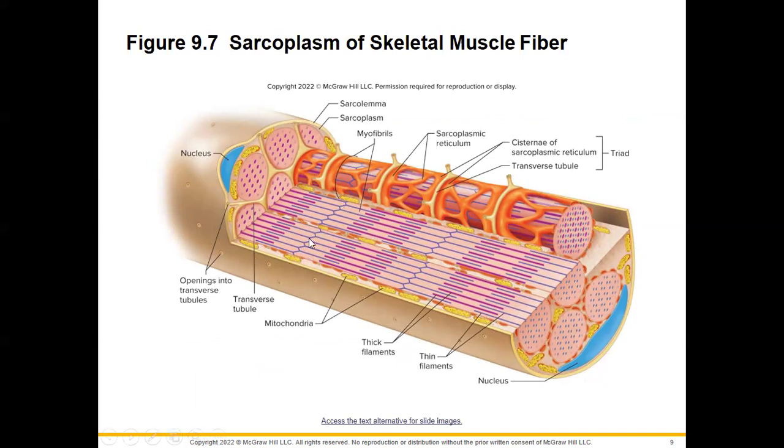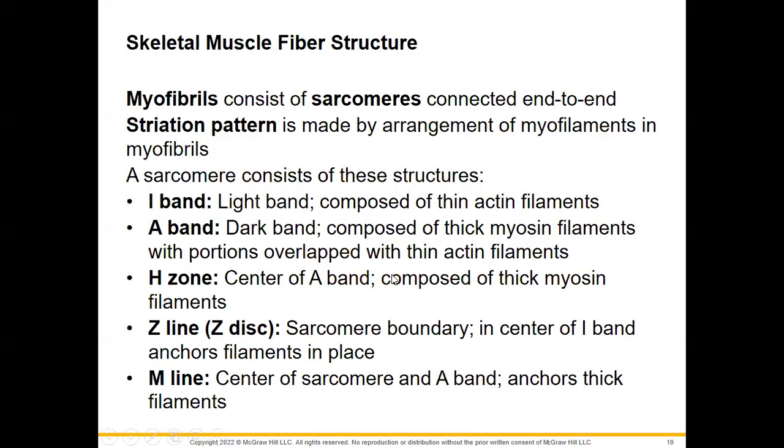From the zigzag line to zigzag line, we're about to explain this structure. I'll tell you the parts of it first, and then we'll look at the image of it.